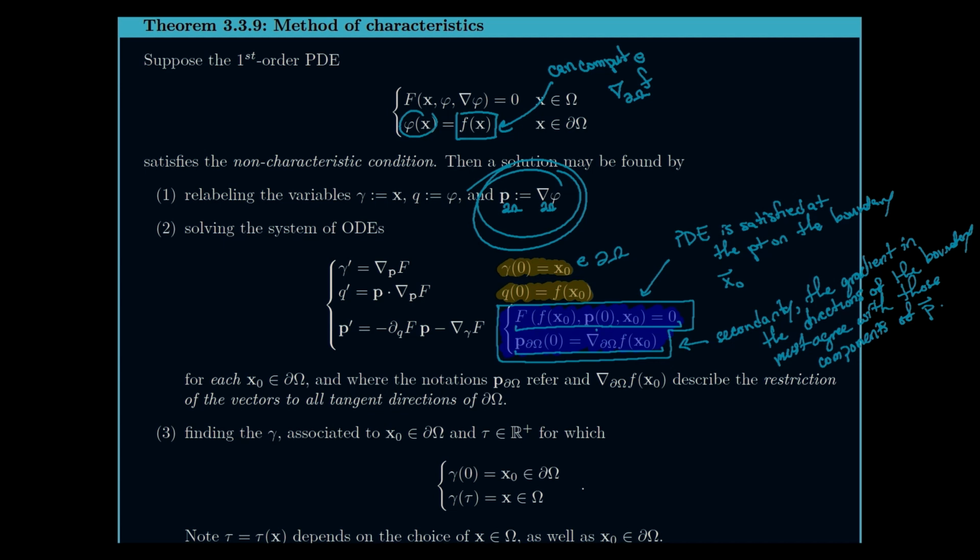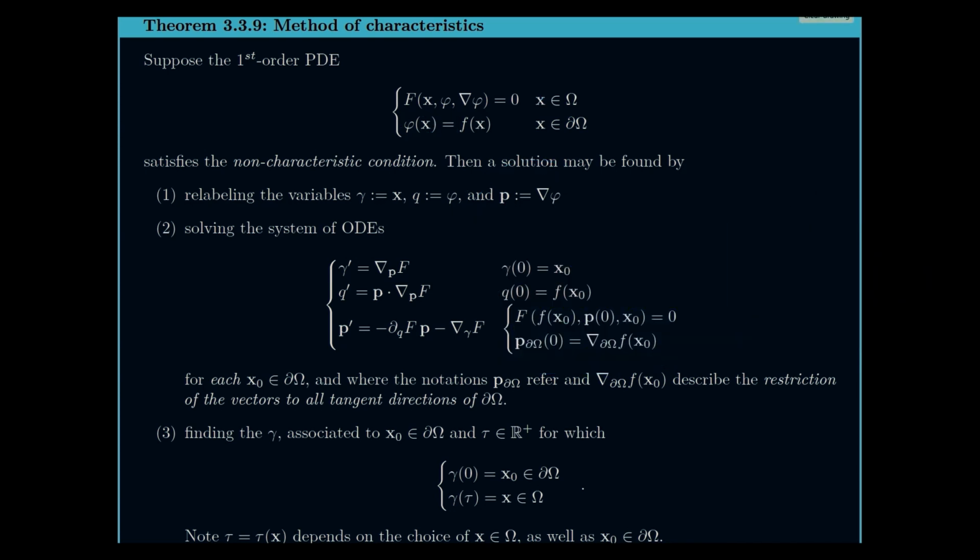So my first row here is saying I'm satisfying the PDE within the boundary itself. This is saying I'm satisfying the boundary condition within the boundary itself. All very natural things to believe to be true, but of course that looks terrible, and sometimes it can play a terrible role in trying to make the method of characteristics start from the beginning.